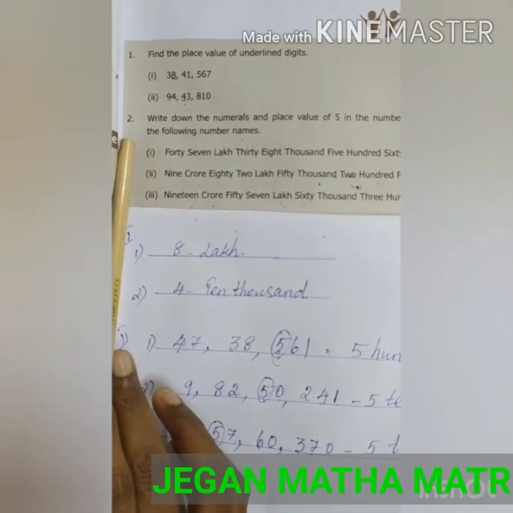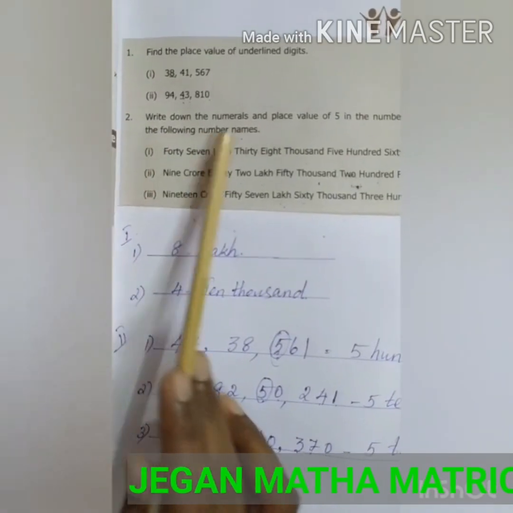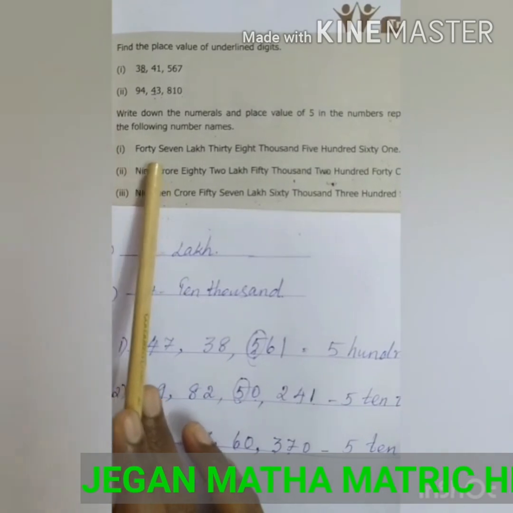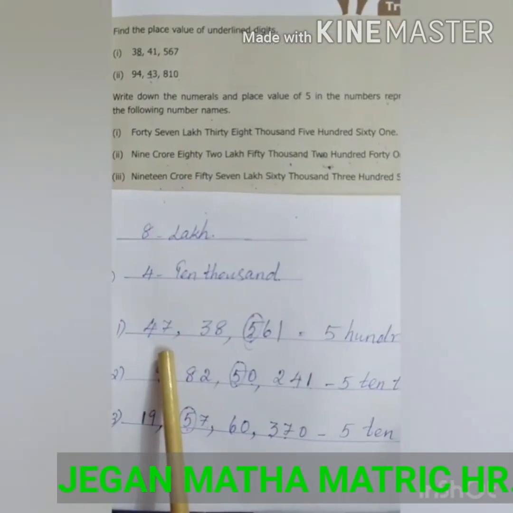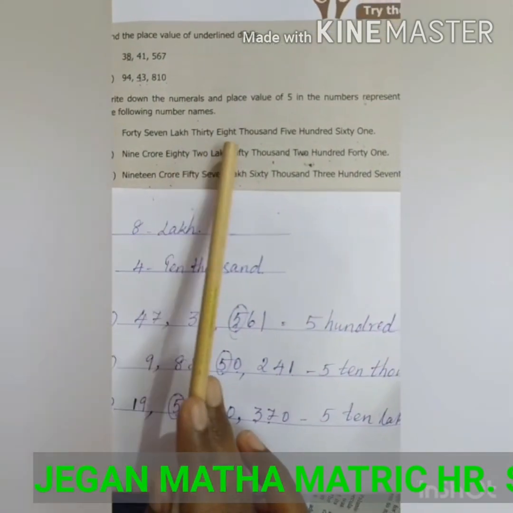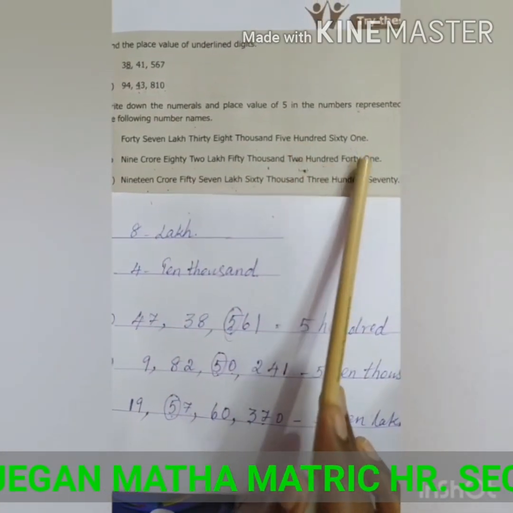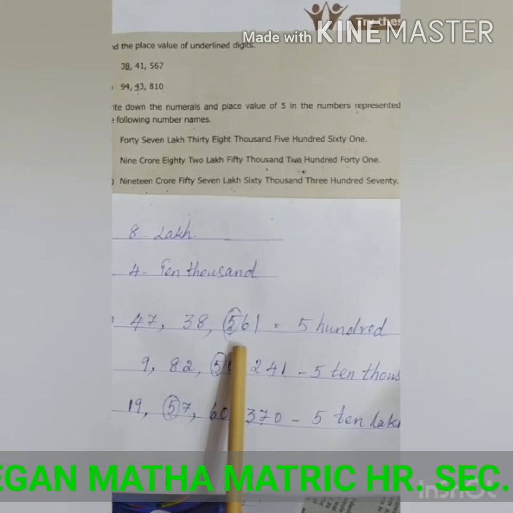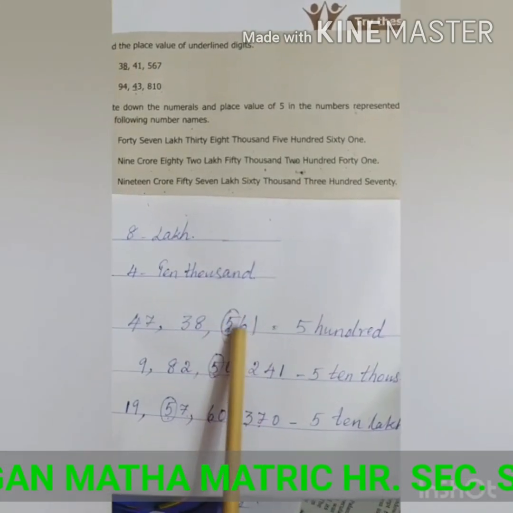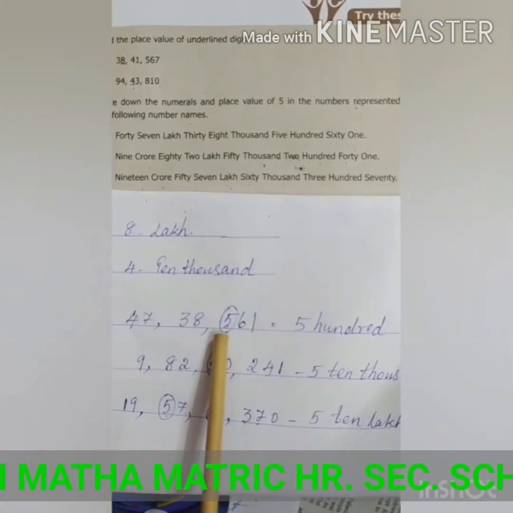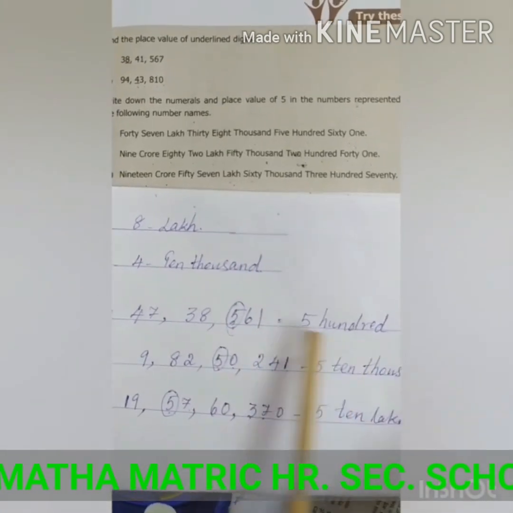So second Roman number, write down the numerals and place value of 5. See the first one, 47 lakh 38,561. Here place value of 5 is what? Ones, tens, hundred. So the place value of 5 is 500.